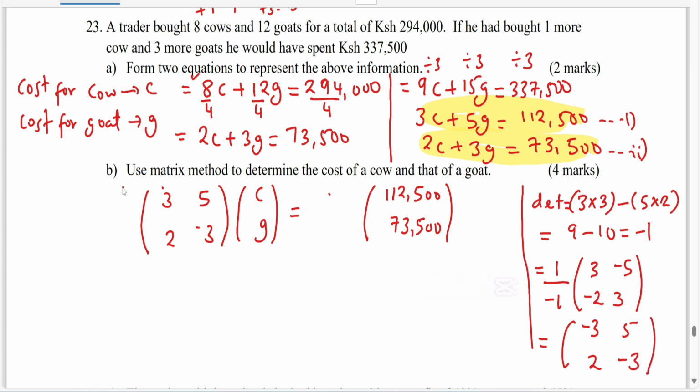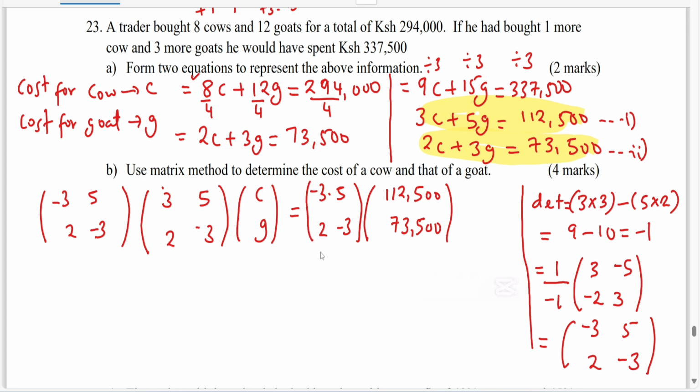So now we have to multiply the inverse with its matrix. So itakupa negative 3, 5, 2, negative 3 times your matrix. Na hapa pia itabidi uandike negative 3, 5, 2 na negative 3.